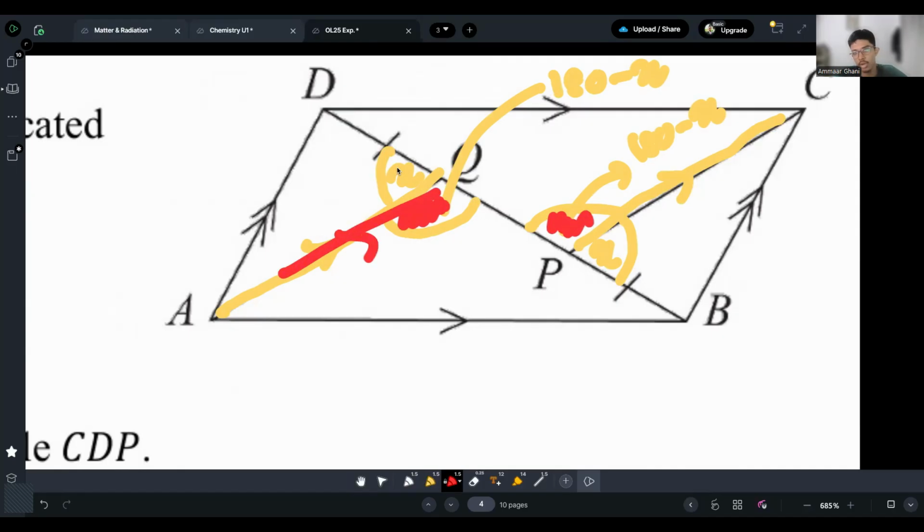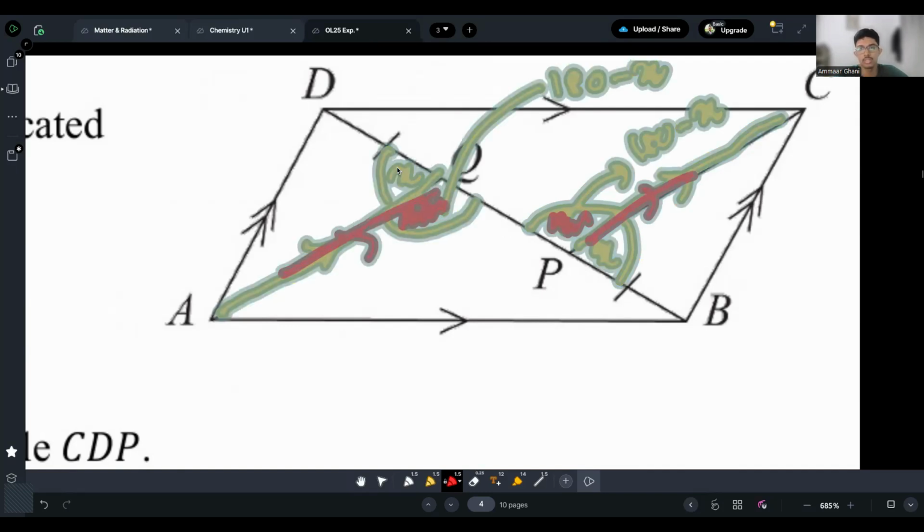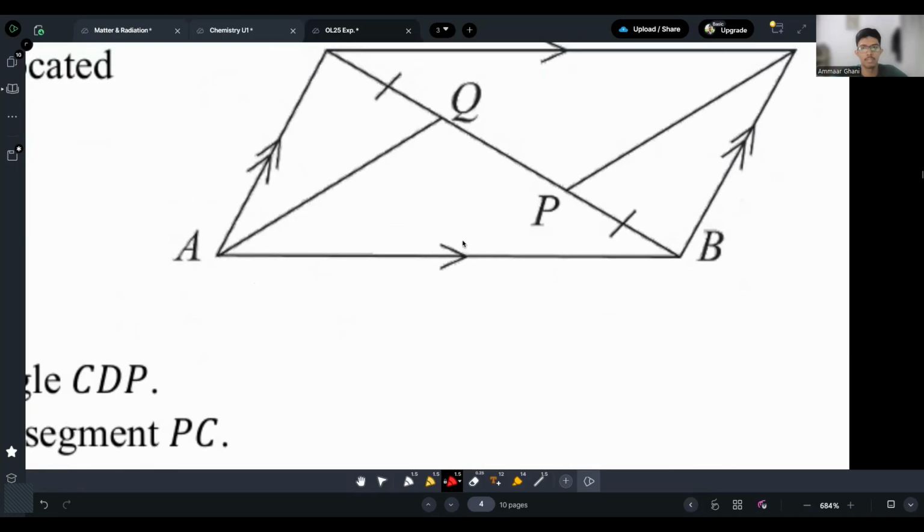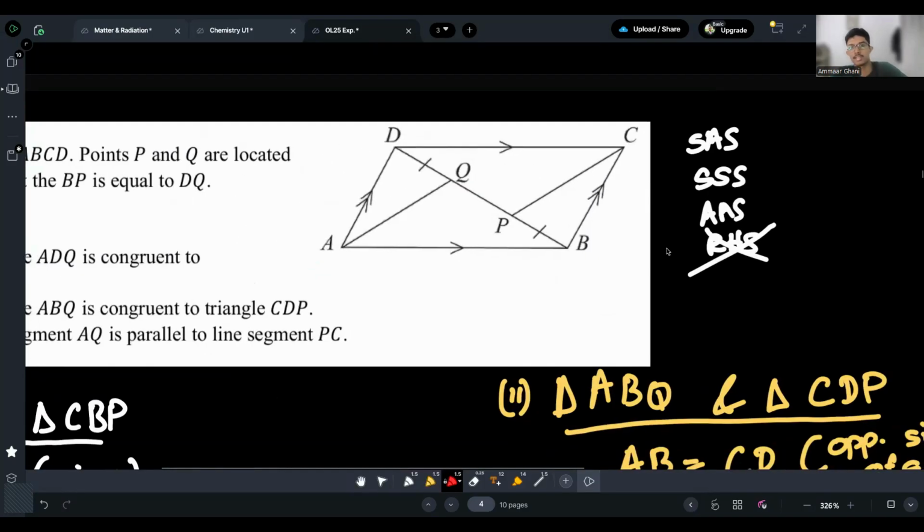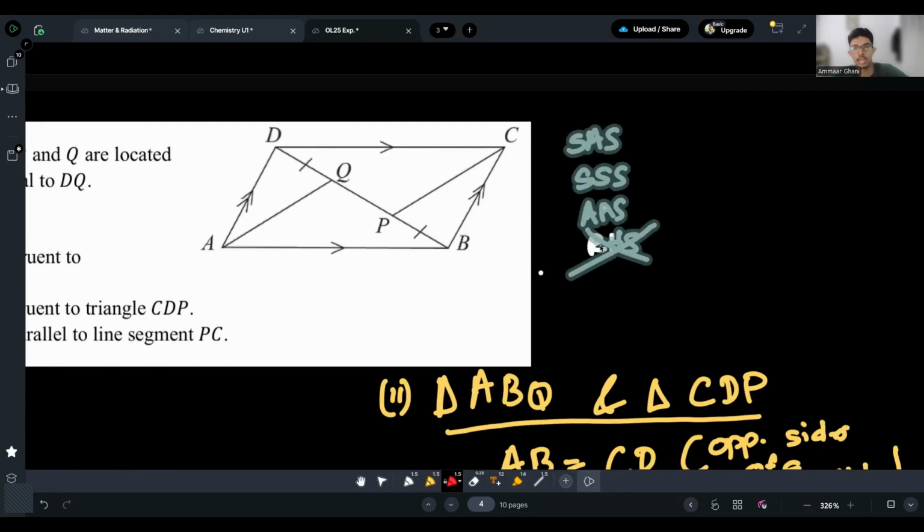Aren't these forming alternate angles? Aren't these two lines parallel? So using this concept, you can prove the two lines are parallel. So let us start proving.